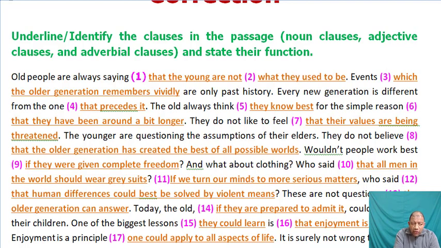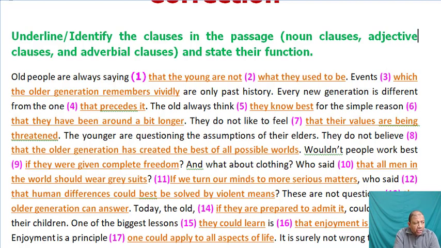After it, we find what they used to be. This is another noun clause, and this noun clause is subject complement. So in the first sentence, we have 2 noun clauses, one as direct object and one as subject complement.